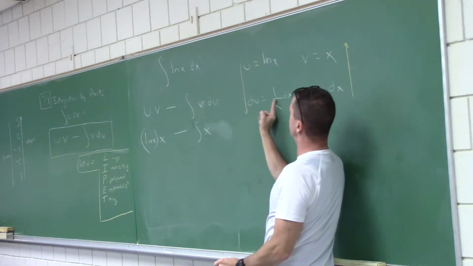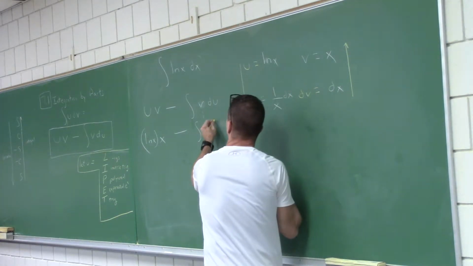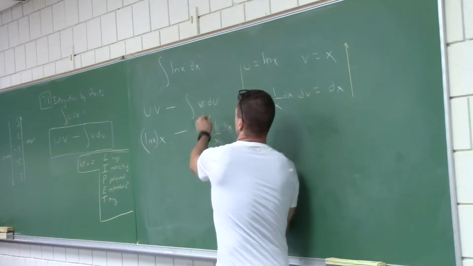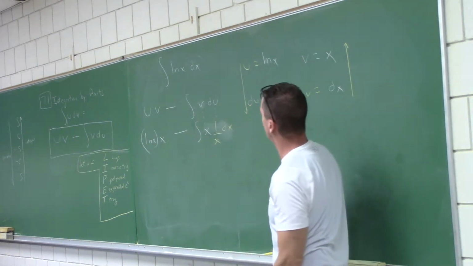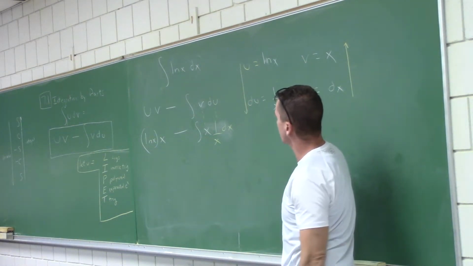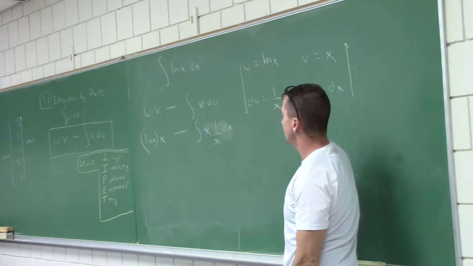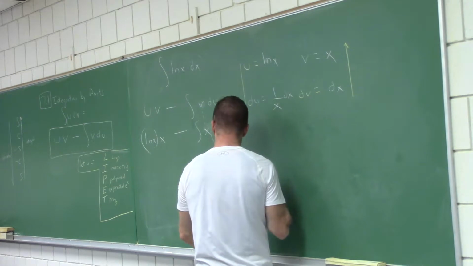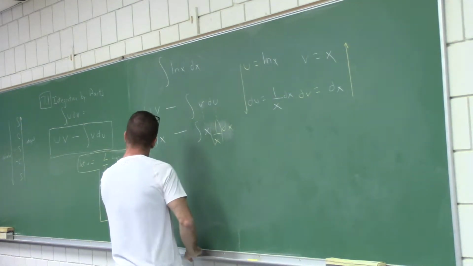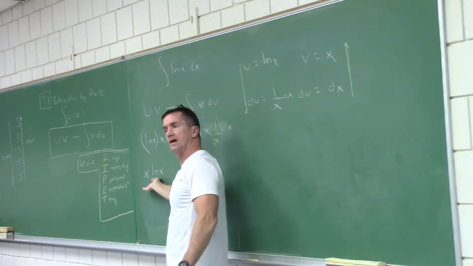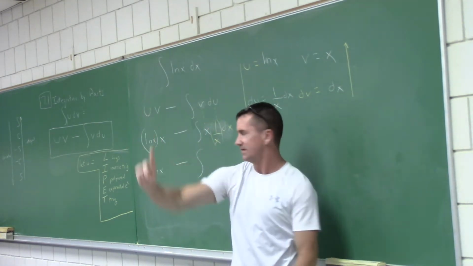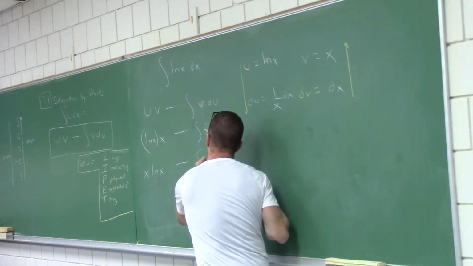I'm going to substitute the du now, which is 1 over x. I just want to point out where each of these two parts is coming from in our work on the side here. So what's x times 1 over x? So we're now going to get x natural log x, which is a better way to write that, minus the integral of 1 dx.